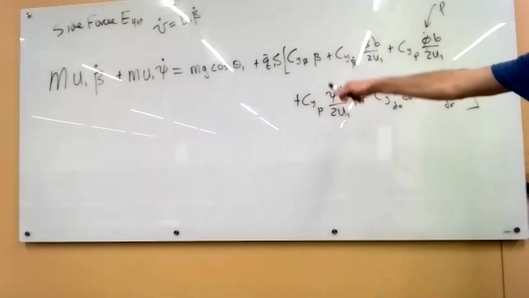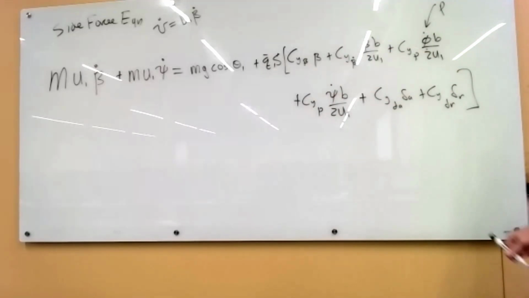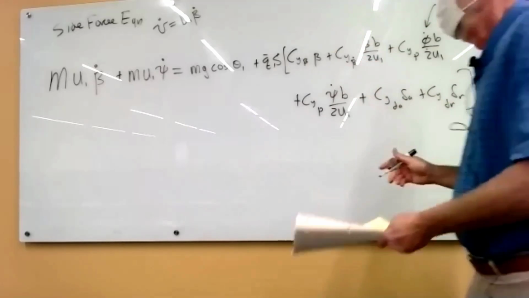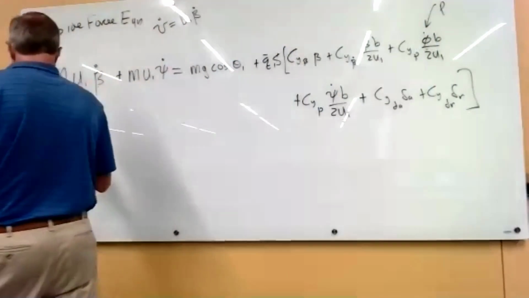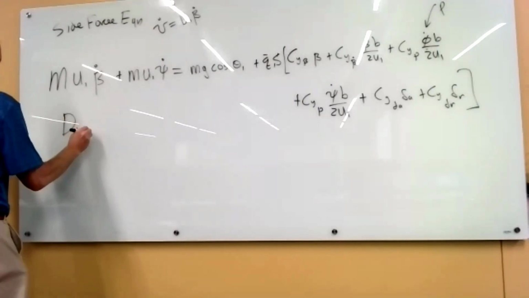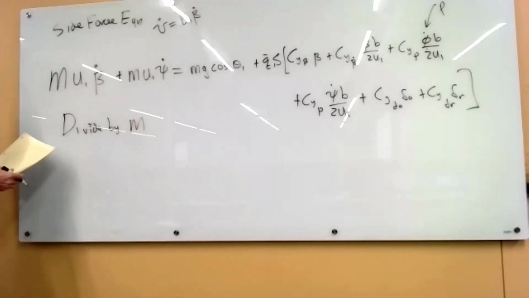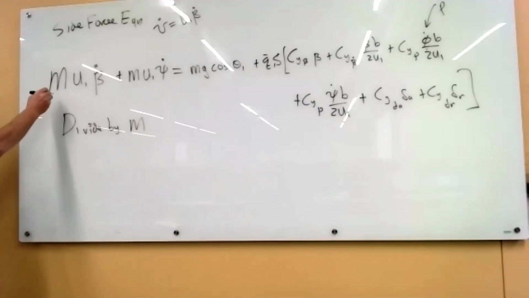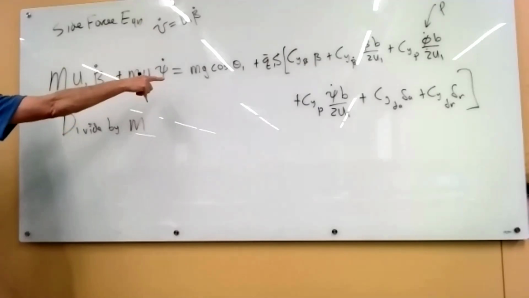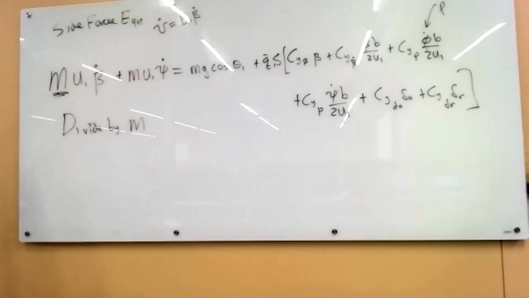So this is the side force perturbation equation. Everything else was just the dynamics. We divide by m because there's m here and we can divide through it and it's going to cancel some of the m's out. And then we collect terms together.